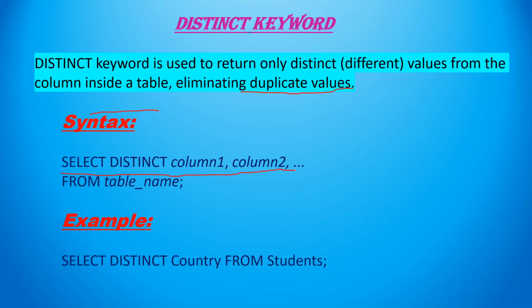You can specify one column or two columns, whatever you want, from table name. Select distinct country from student. It will select names of those countries which are present in the column by eliminating their duplicate values. For example, if you have two entries for Japan, two entries for India, two entries for UK, it will just display three names: India, Japan and UK. It will not include the duplicate values.